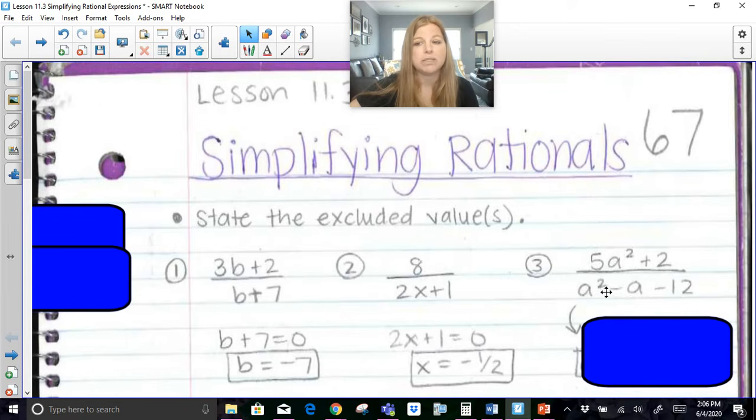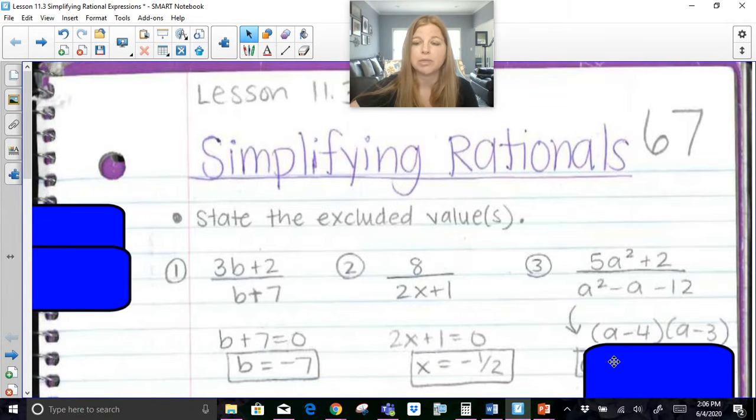Last one here, a squared minus a minus 12. So this is not just a friendly little binomial, it is a trinomial. We should remember that when we set a trinomial equal to 0, we then need to factor it. The factor pairs of -12 that add up to give me a -1 are -4 and 3. So imagine I set this equal to 0 and then I solved.